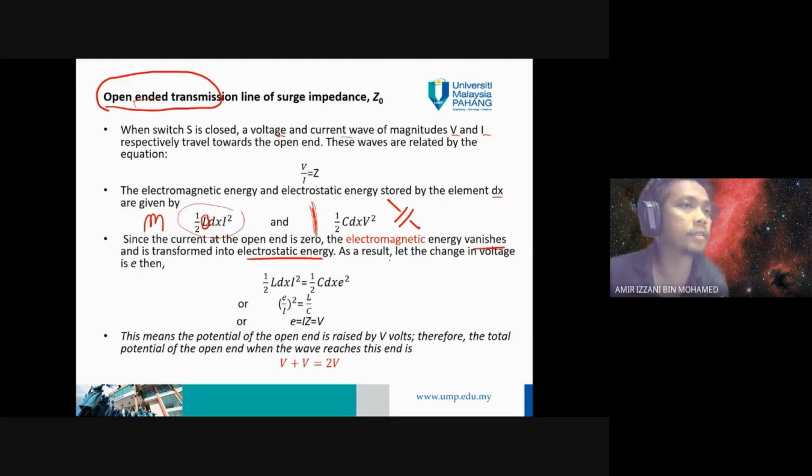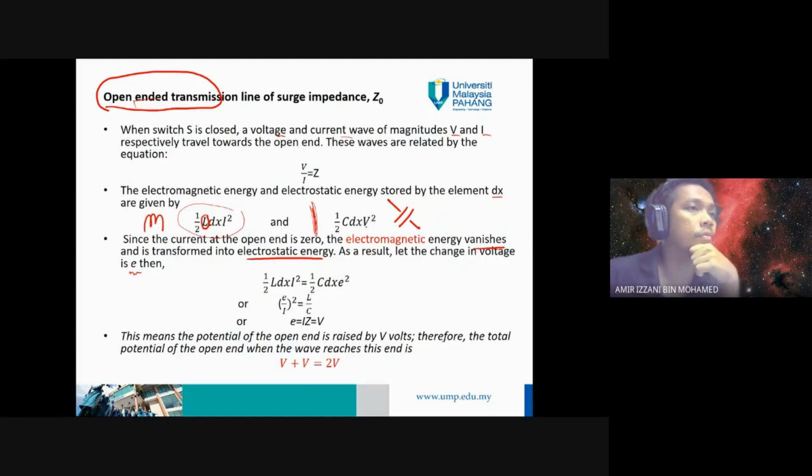As a result, the change in voltage is E. Power due to electromagnetic energy equals the power of the electrostatic energy.